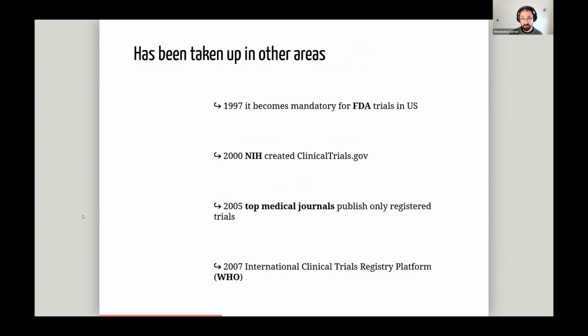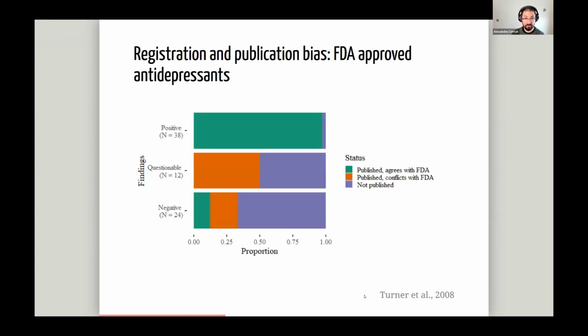In 2005, most top medical journals publish only registered trials. So if you want to get published in the best journals in the field, you need to register your trial in advance. And in 2007, the World Health Organization also developed a register for international trials. Okay, so clearly there's a move in this direction in health research.